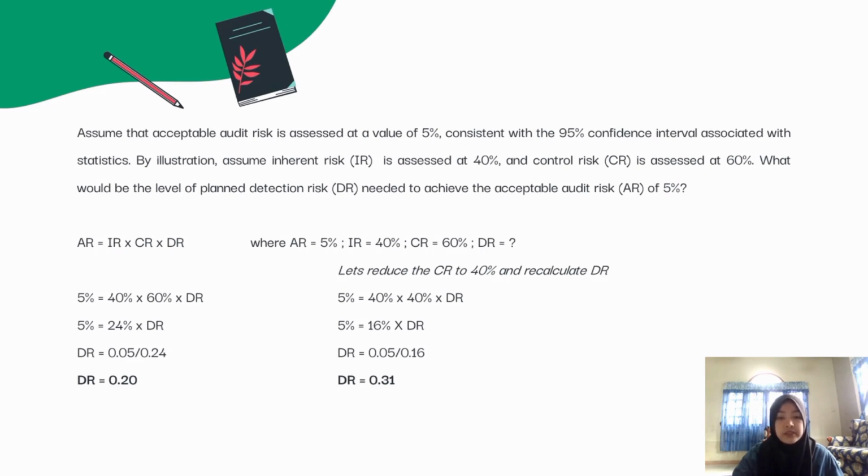Because the internal control structure in the first example is more risky, which is 60%, than it is in the second example, which is 40%. So to achieve the planned detection risk of 20% in the first example, the auditor will need to perform more substantive tests than in the second example, where the risk is lower.